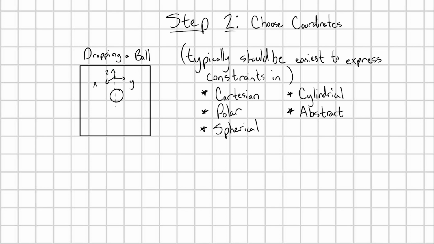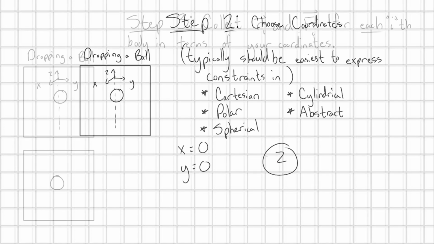If this ball is just dropping along this z-axis, then x equals 0, y equals 0. Here are my 2 constraints, and we can see that this is consistent with the definition of a holonomic constraint. So those are my 2 constraints, and the only parameter that can vary, the coordinate that we're going to track, is going to be z.